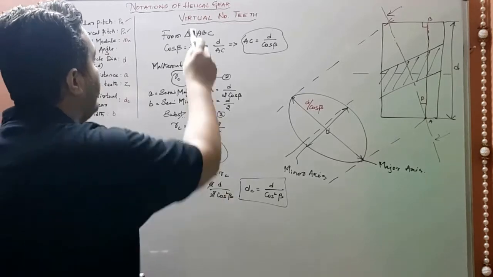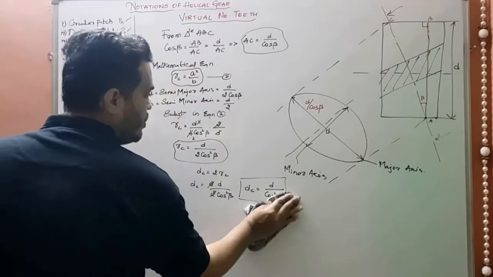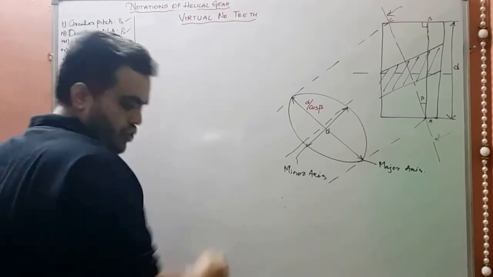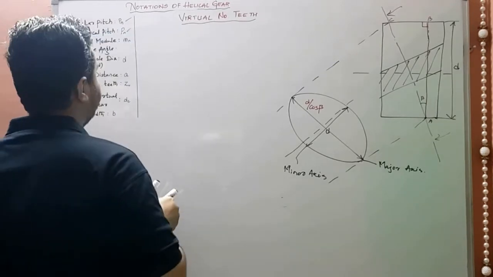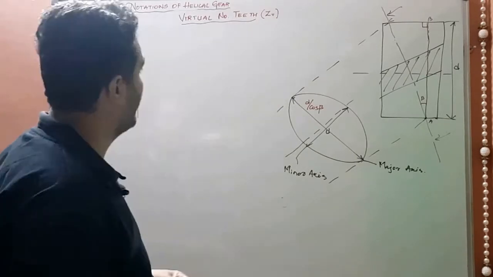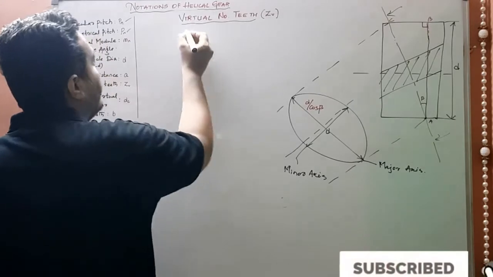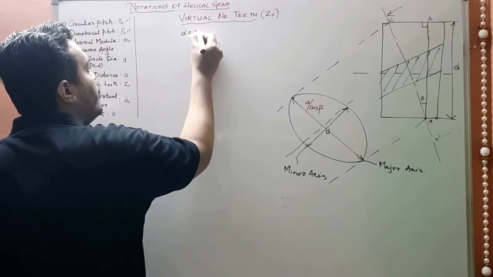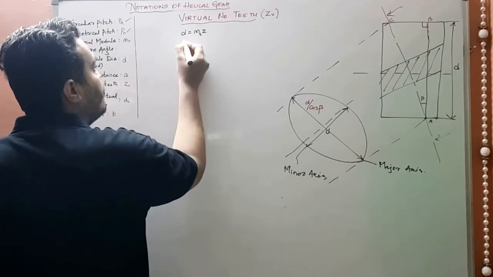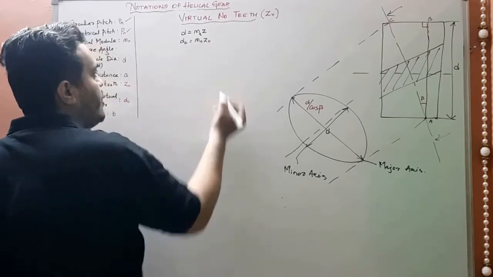So next we need to find out the virtual number of teeth, that is ZV. How to find that? We have an equation. To find the virtual number of teeth of a helical gear, we have the equation D is equal to M into Z. For M, we consider MT, and for the virtual number of teeth, we need to consider Mn into ZV, right?